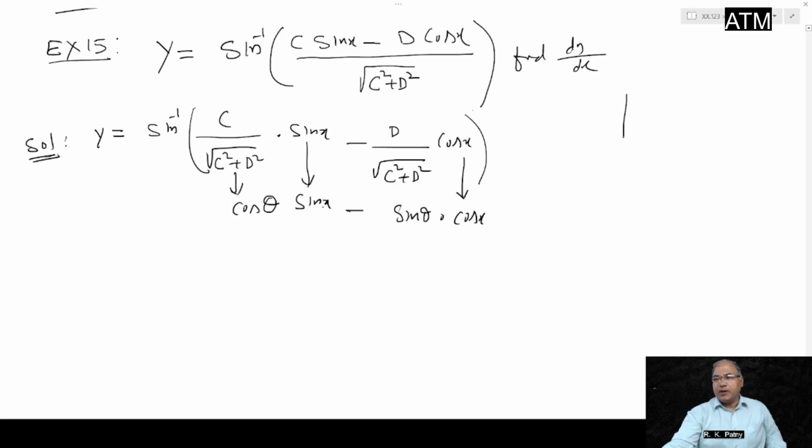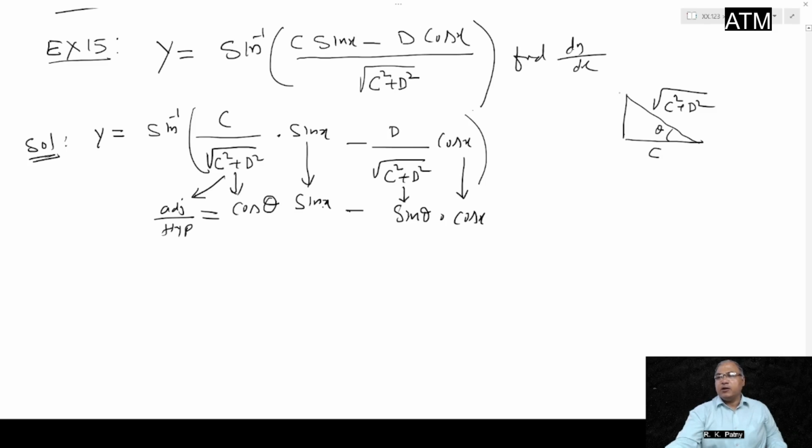Now let us make a triangle with angle theta, and this part is cos theta. Cos theta is adjacent side upon hypotenuse. So c is the adjacent side and the hypotenuse is under root of c square plus d square. And this part is sin theta.